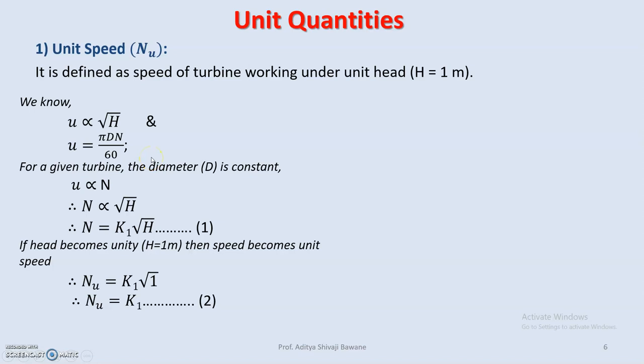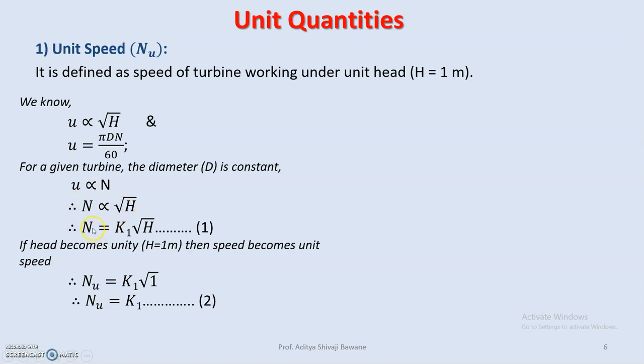That is important, since we are considering the same turbine, which has the same pipes, length and diameter. So u is directly proportional to N and to under root of H, hence N is directly proportional to under root of H.